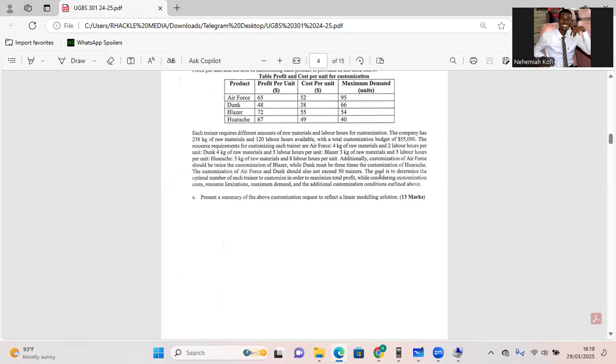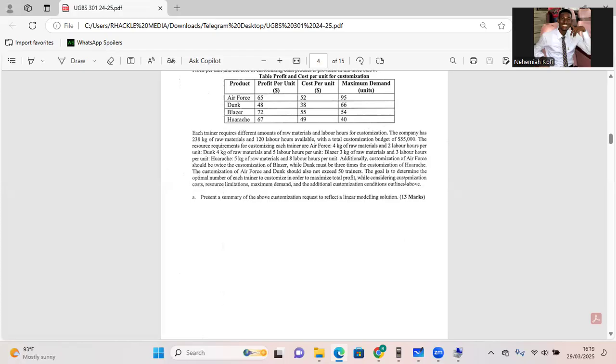Additionally, customization of Air Force should be twice the customization of Blazer, while Dunk must be 3 times the customization of Hierarchy. The customization of Air Force and Dunk should not exceed 50 trainers.